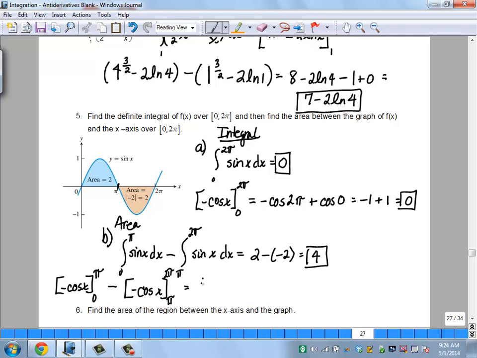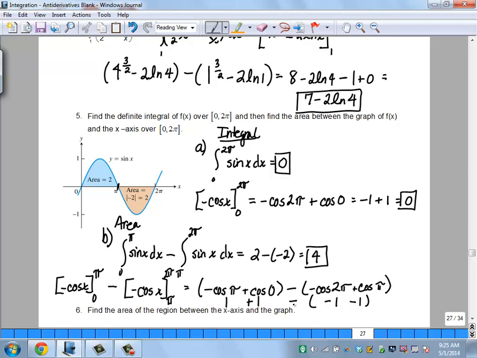All right? So I have negative cosine of pi plus the cosine of 0, which is what we did up here, minus negative cosine of 2 pi, because I go end to beginning, okay, plus the cosine of pi, and I end up getting a 1 plus 1 minus a negative 1 minus 1.